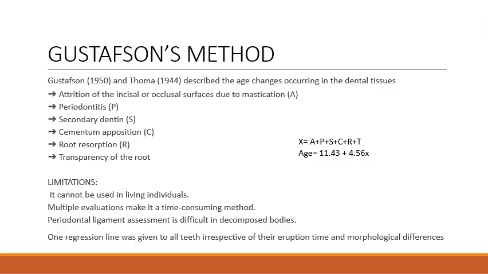The limitations of this method are that it cannot be used in living individuals and multiple evaluations need to be made, which makes it a time consuming process. And PDL assessment is difficult in decomposed bodies.